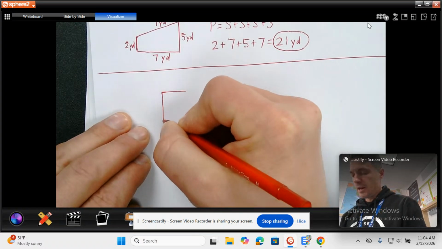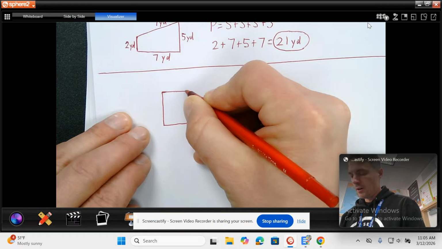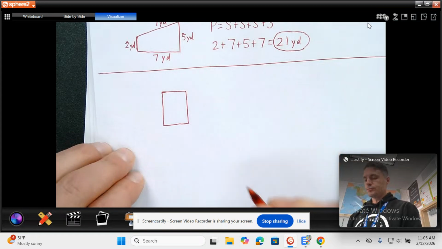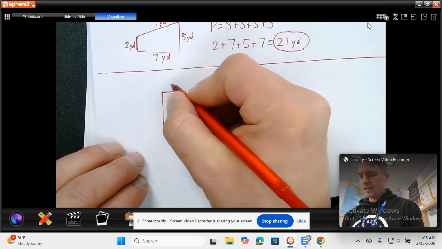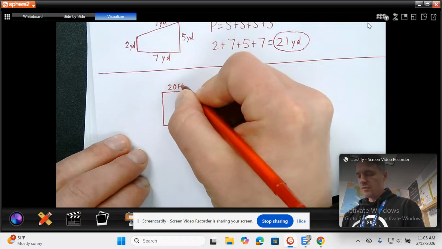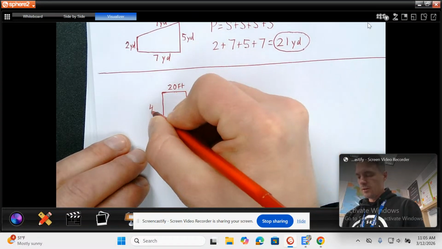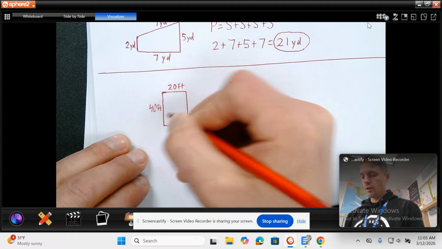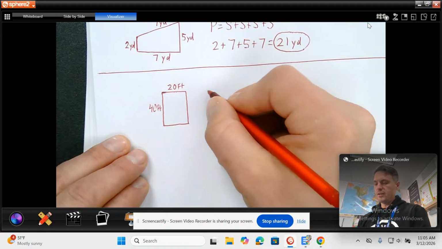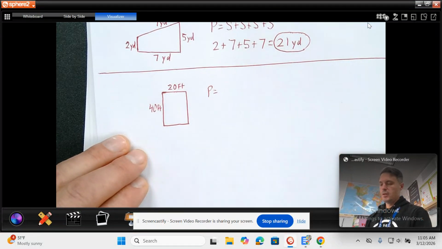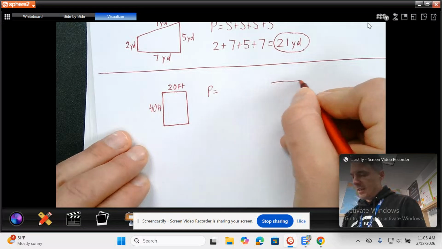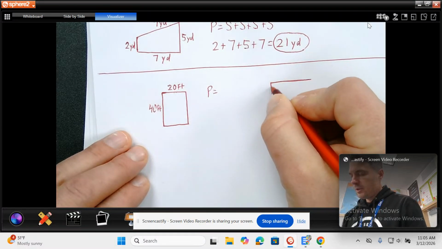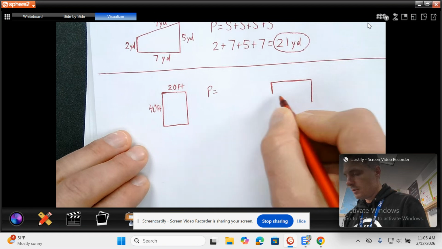Okay, let's say we have this shape right here. It's a rectangle, and let's say it is 20 feet from here to here and 40 feet from here to here. Find the perimeter.